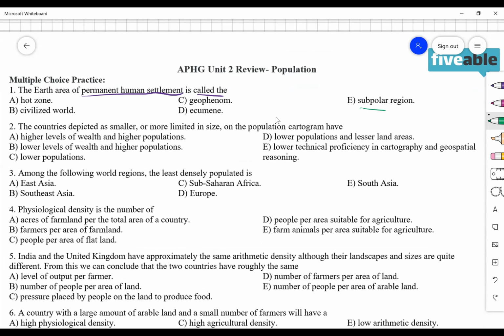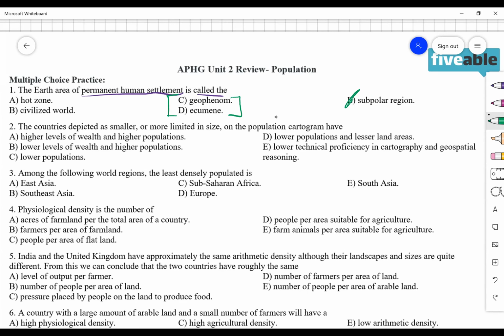Subpolar region. Well, I'm thinking North Pole, South Pole, Santa Claus, Christmas, cold, polar bears, global warming. Don't really like that one. Ecumene and geophonym both sound like really fancy words, and I don't know the answer, so I'm going to keep both of them for right now.